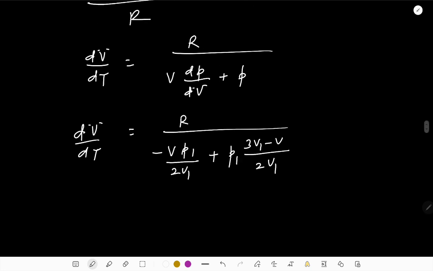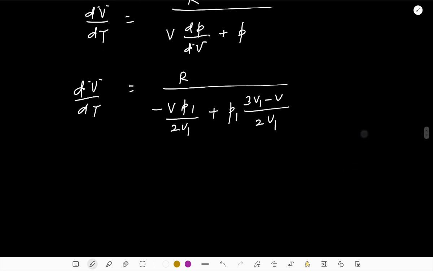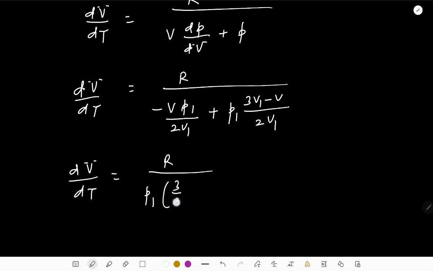And if you would like to do some steps, please do it, and you will finally get it in a simplified version: dV by dt will be R divided by P1 times 3 by 2 minus V by V1.